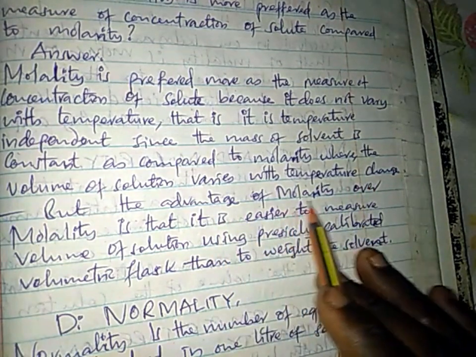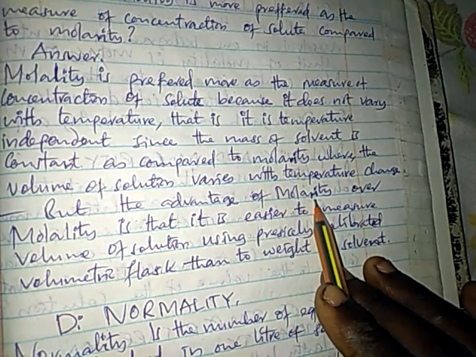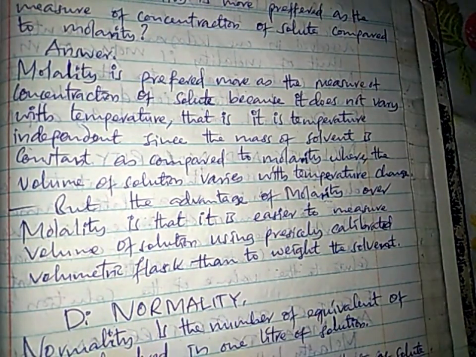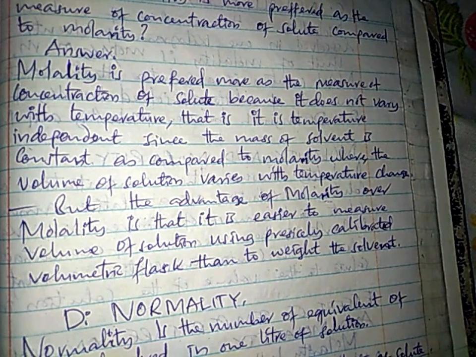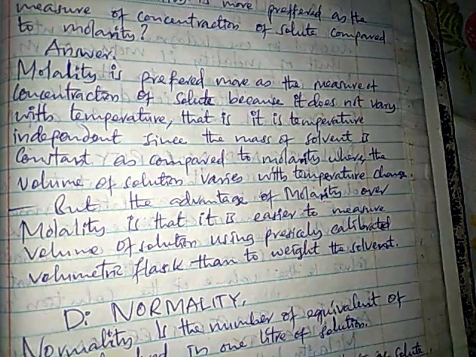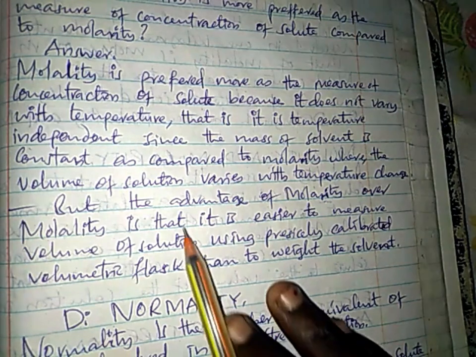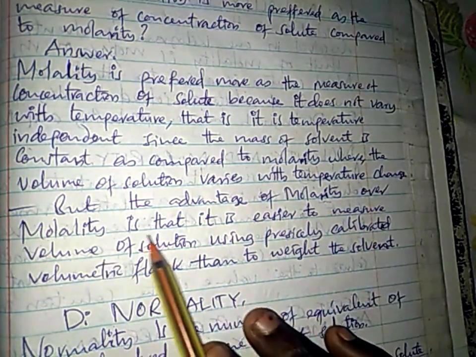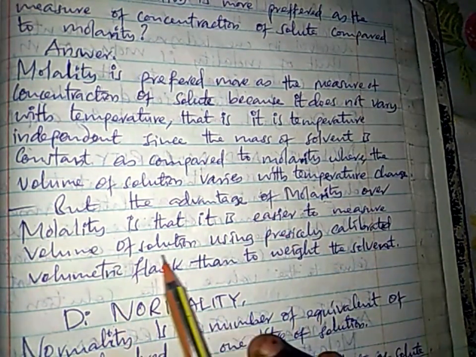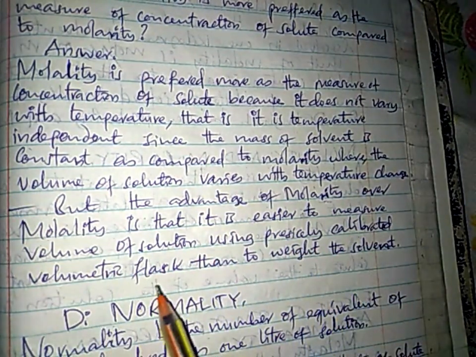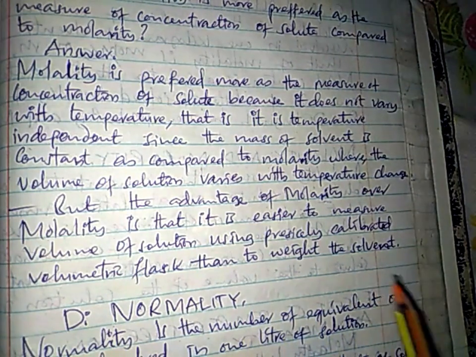But the advantage of molarity now, molarity is an advantage kuliko nani? Kwa nini? Kwa sababu it is easier to measure the volume of a liquid rather than to measure a mass. Yani kwenye molarity tunatumia volume of solution. So the advantage of molarity is that it is easier to measure volume of solution using a precisely calibrated volumetric flask than the weight of solvent.